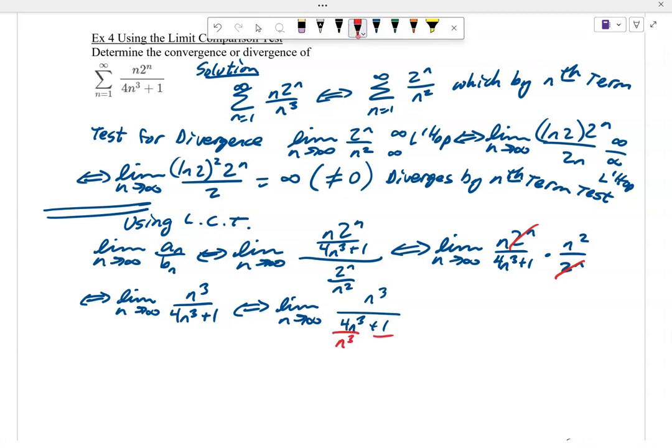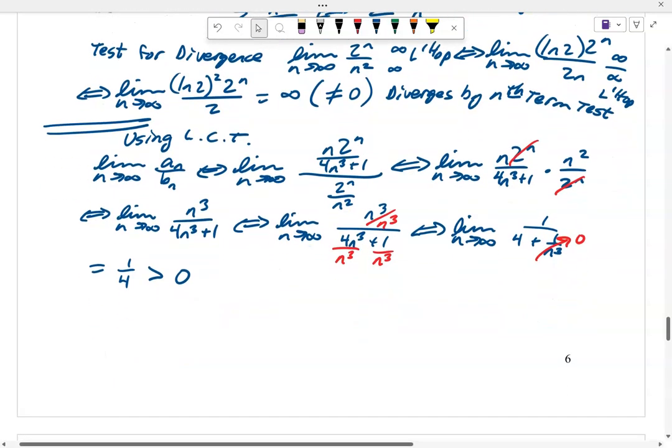Divide everybody by n cubed if we're doing this algebraically instead of L'Hopital's this time. Notice this will go to 0. And so we end up with 1 over 4 plus 0, which is positive.